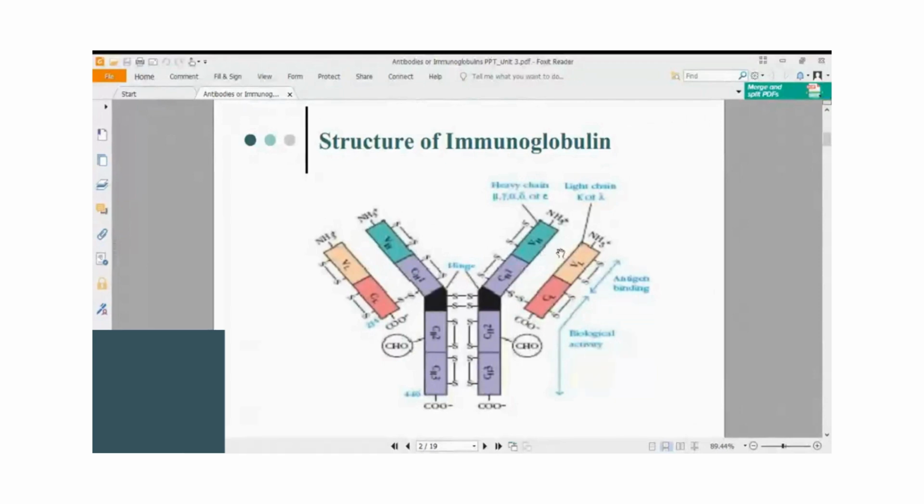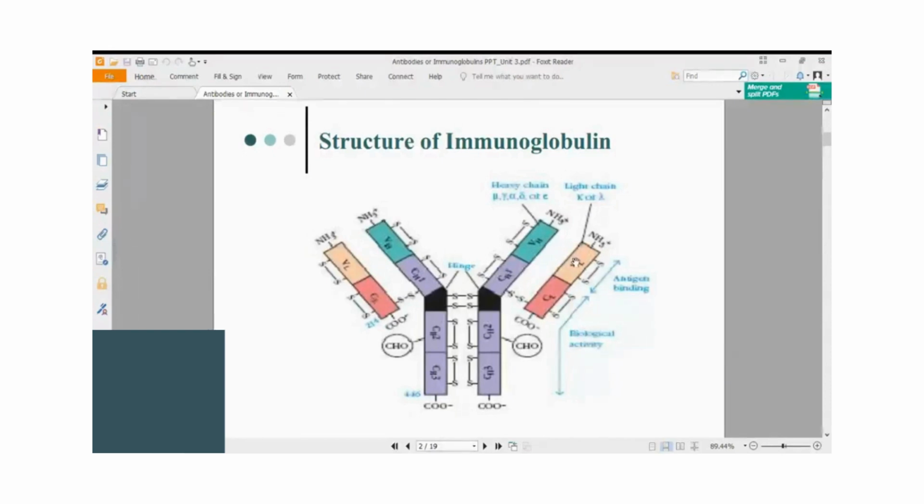Then it will produce 5 different types of IgG molecules, one for each epitope. When you compare those 5 IgG molecules, the hypervariable region will be different in them. Remaining regions may be almost common, but the hypervariable regions will be different.